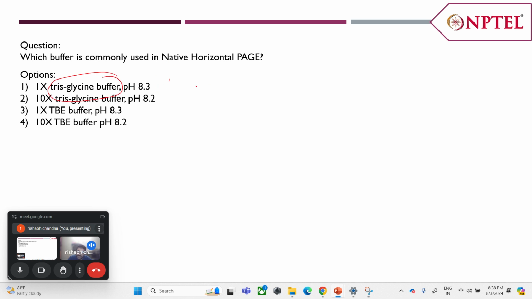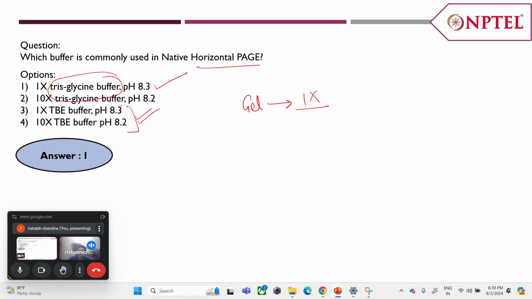And remember one thing, whenever we are preparing any gel, we use 1x buffer only, not 10x. Here, in native horizontal PAGE, we would use 1x Tris-glycine buffer. And if it were vertical PAGE, then we would use Tris-borate-EDTA buffer. So the correct answer is option number 1.